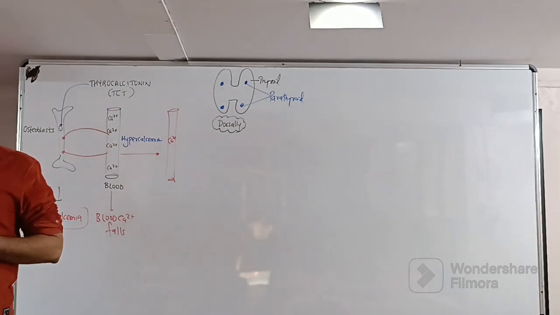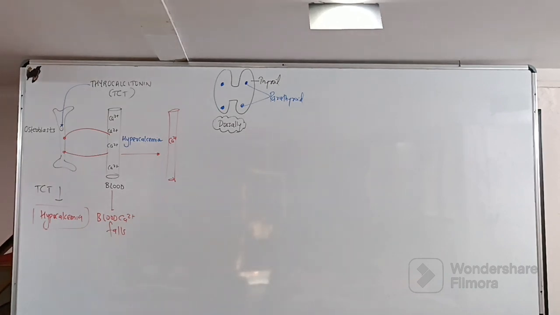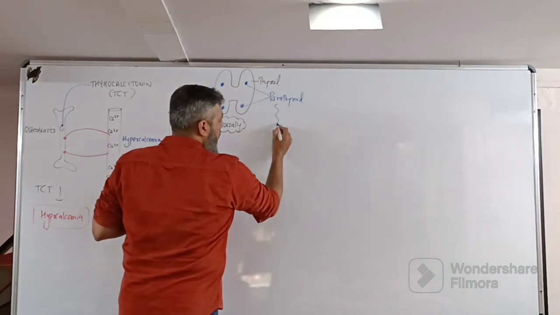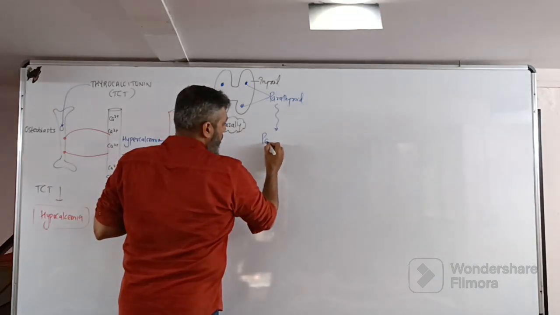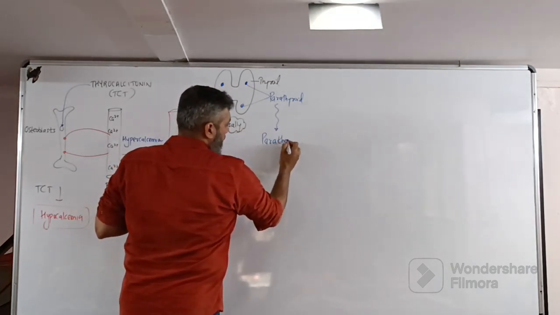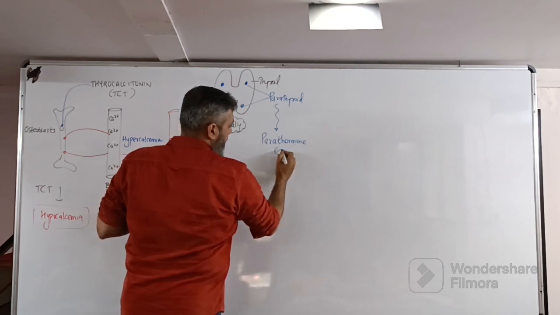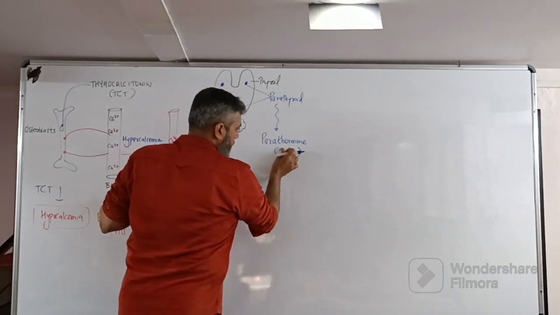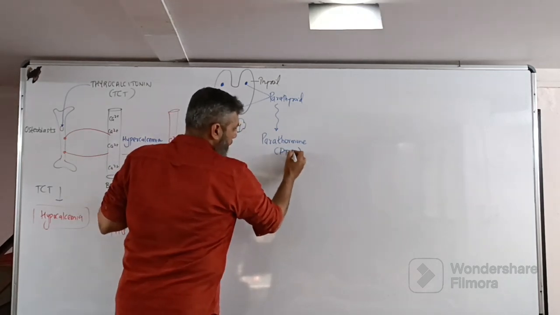Now, is it a pair or 2 pairs of parathyroid? That is, how many glands in total? 4. What do they release? They release a hormone called parathormone, PTH.